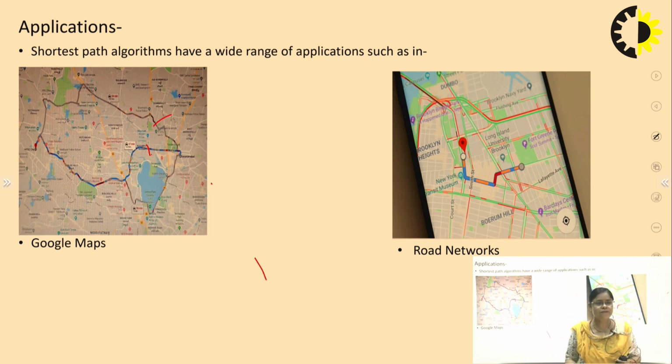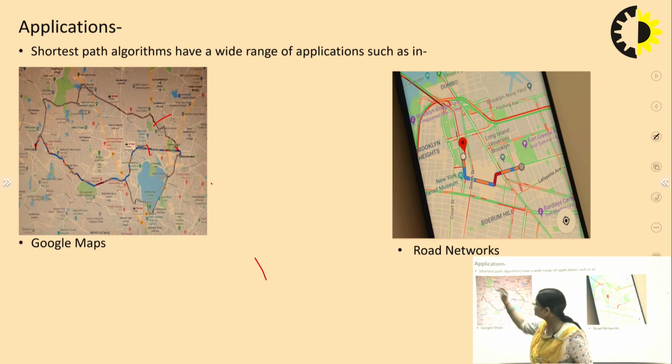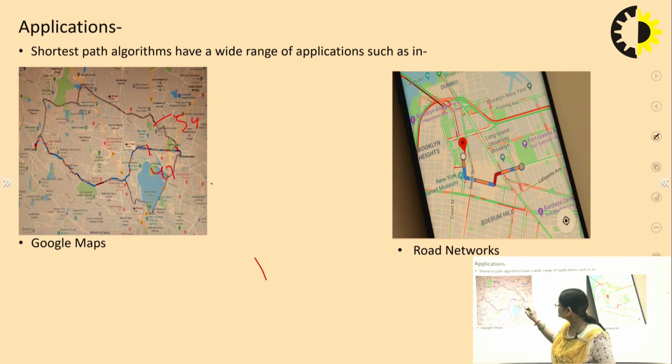So how do they measure which one is the shortest path? This path is taking 47 minutes, and this other path is taking 54 minutes. So Google always helps us find the shortest path when we start our journey.